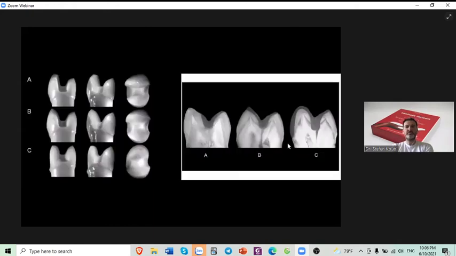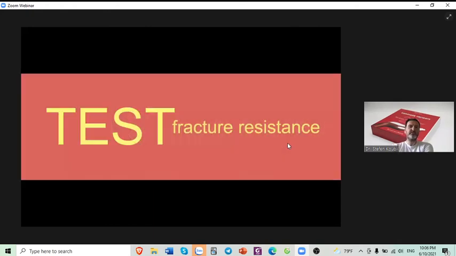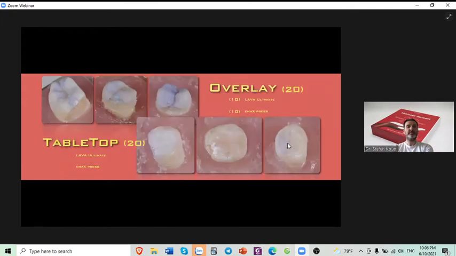So we made a study with one of my students regarding the fracture resistance test. We compared a 1.5 overlay with a tabletop, and we also compared two types of restoration: one made with hybrid block, and the second one with Emax press.